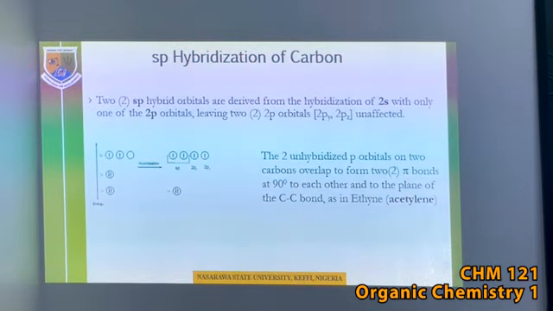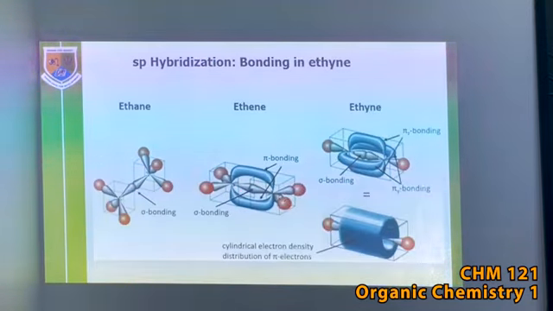So we can say 2py and 2pz are unaffected, not hybridized. And you can see that depiction here. You use those 2 hybrid orbitals to form sigma bonds, and then the carbons overlap to form 2 pi bonds that are 90 degrees to each other. This is what it looks like. So basically, we have talked about the single bond, the double bond, and now the triple bond.